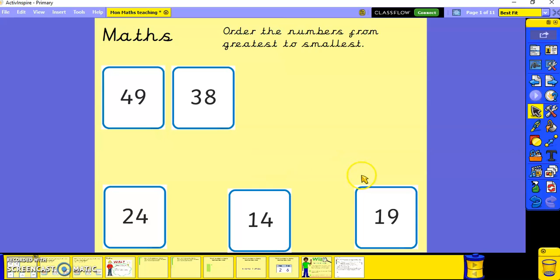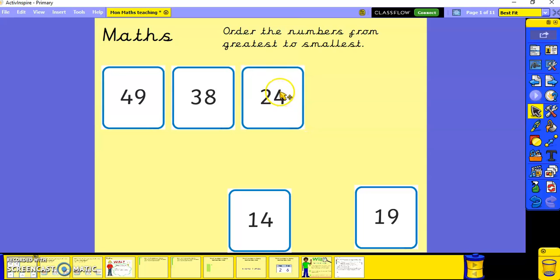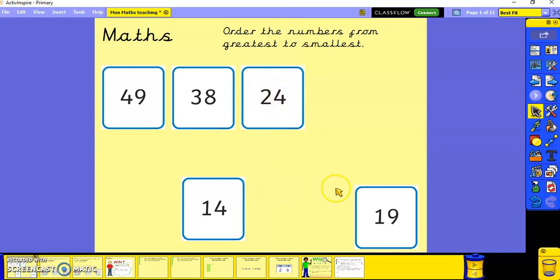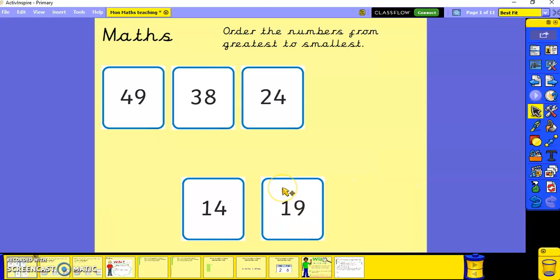Let's look at the numbers that are left. Which one has the most number of tens for our next number to put into the order of numbers? Well done, it is the number 24 because it has 2 tens. Now this one's a little bit trickier because both of the numbers left have 1 ten.